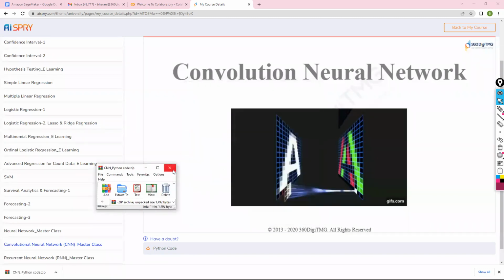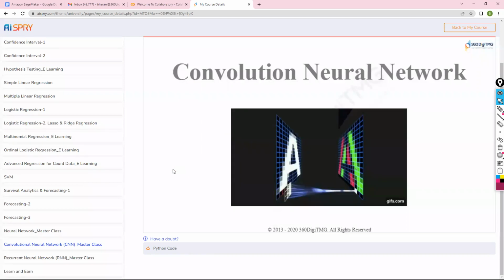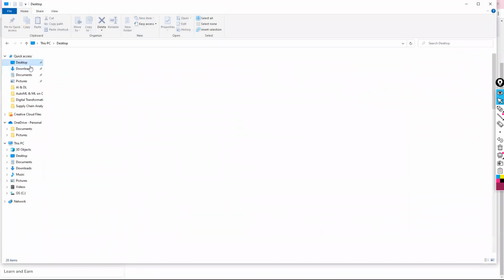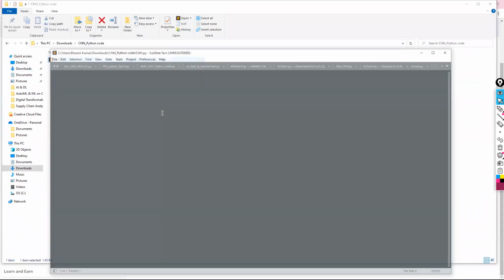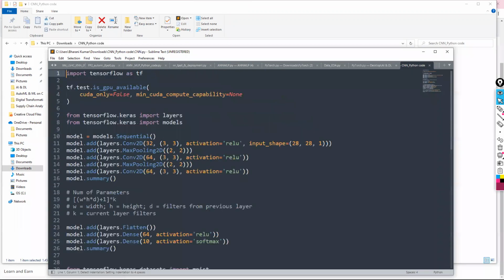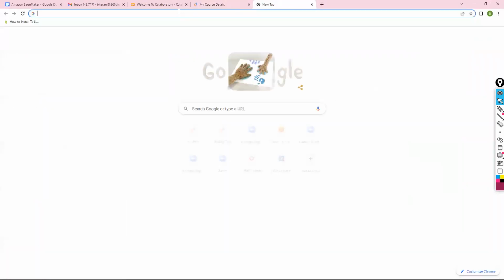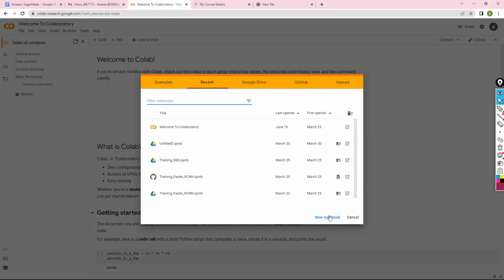Let me extract it. And let me go to this code. Let me open, yeah, anyways, Google Colab is open.